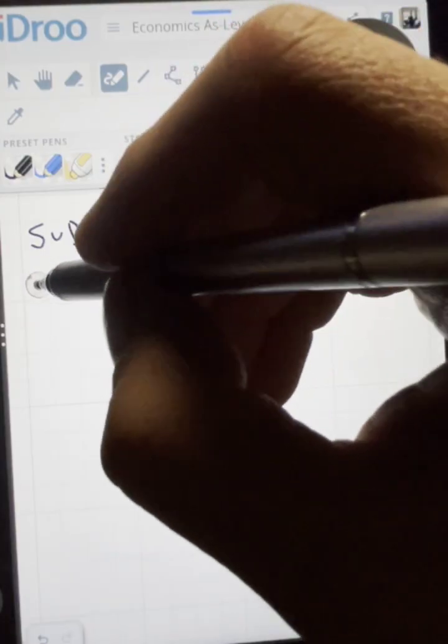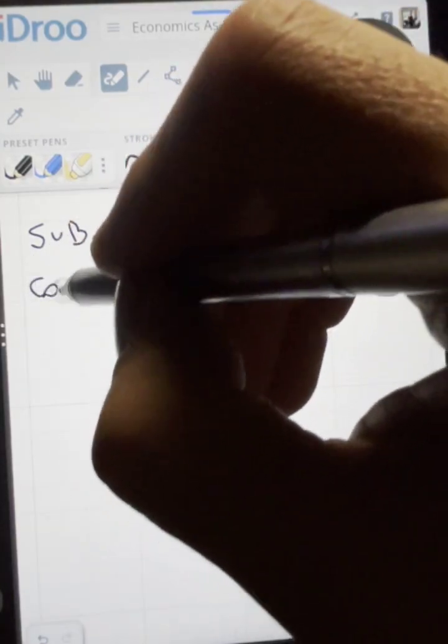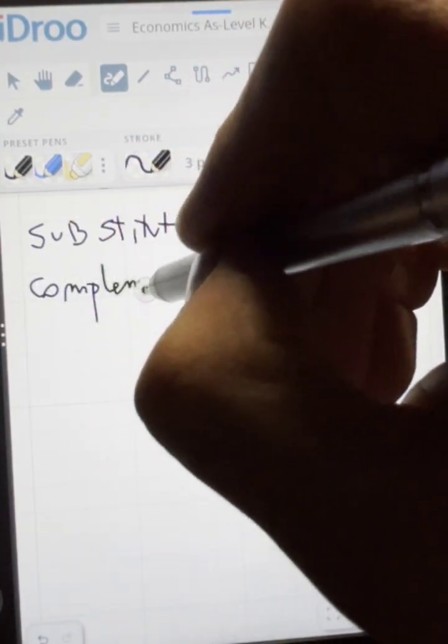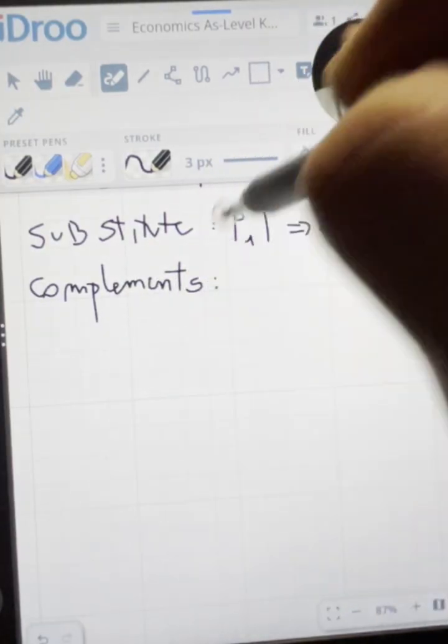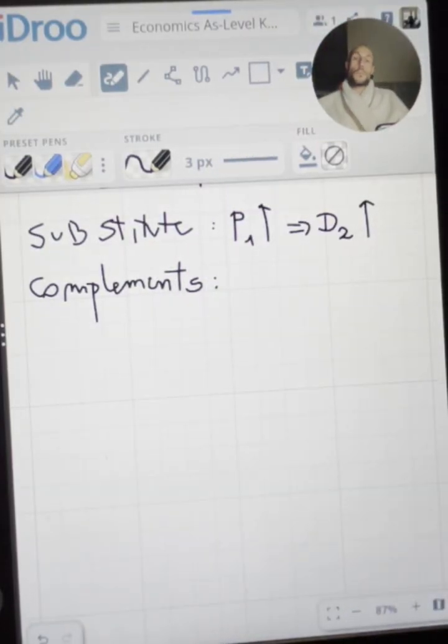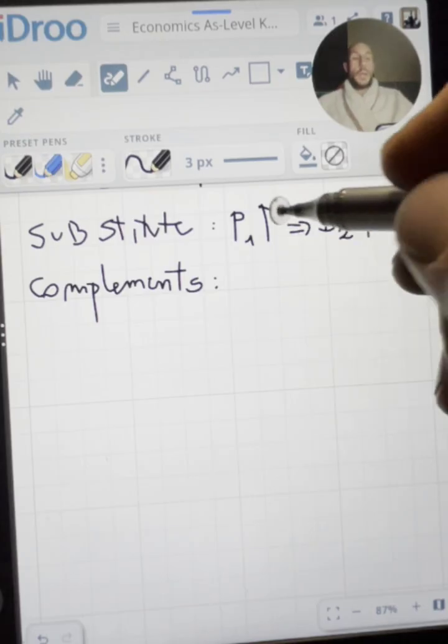What is the definition of complements? Complementary good. I think I'm familiar, but maybe it's an additional good. Well, again, in terms of price, demand, and income, goods are complements if the price increase of one makes the demand for the other one decrease.